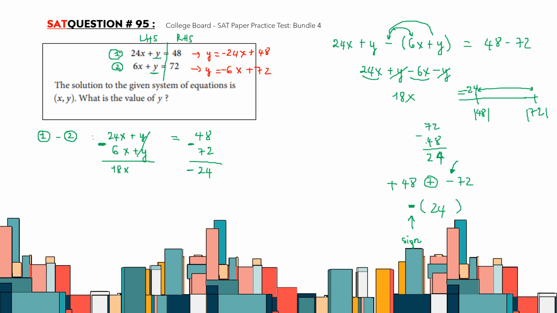Next we solve for x. We divide both sides by 18, and we simplify this one as negative 4 times 6 over 3 times 6. So we have negative 4 over 3.